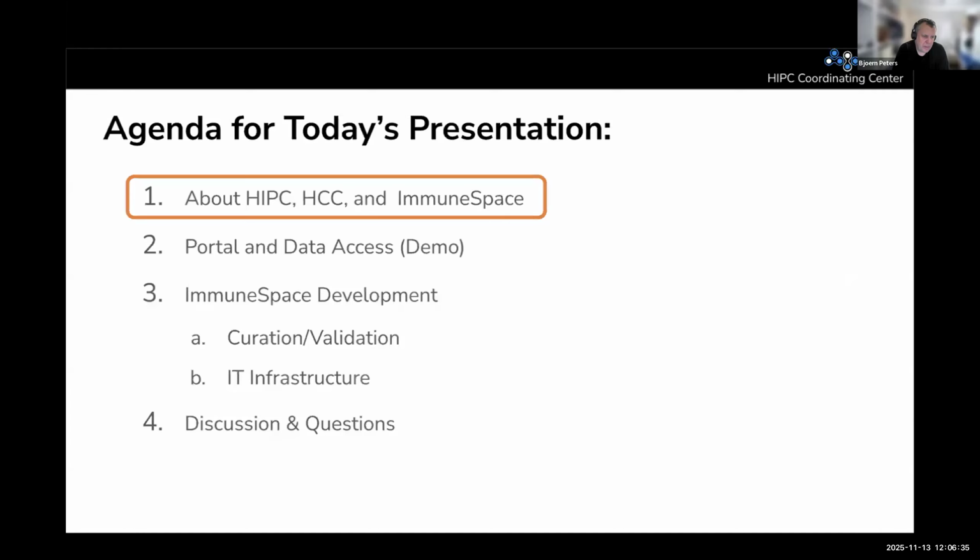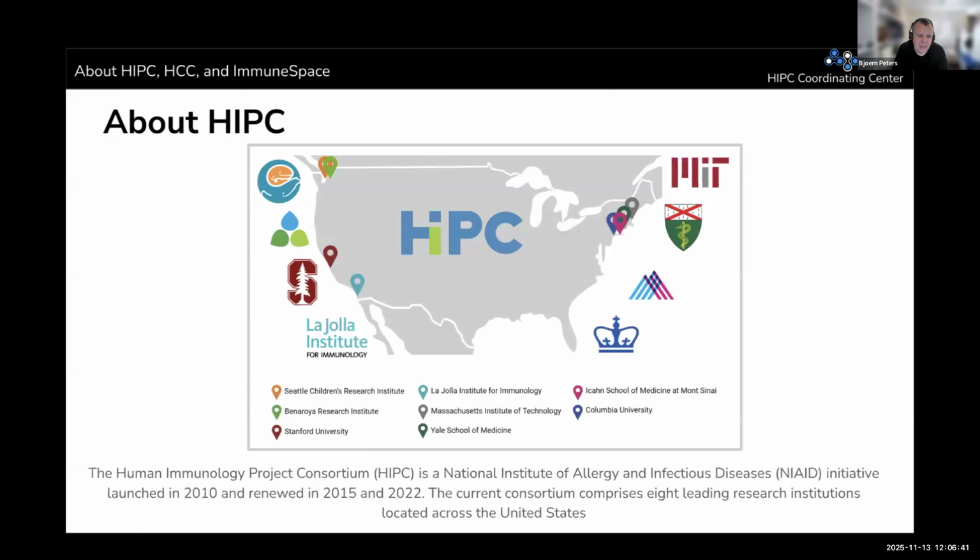So starting, this is going to be my last part. I just want to introduce HIPC itself. So HIPC is a set of centers, the Human Immunology Project Consortium. I always get this wrong. I apologize. Launched in 2010, it's gone through multiple cycles, was renewed in 2015, renewed in 2022.